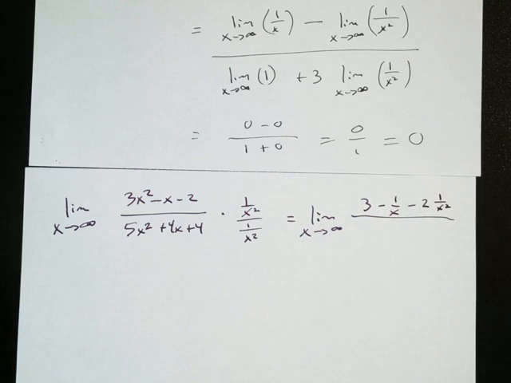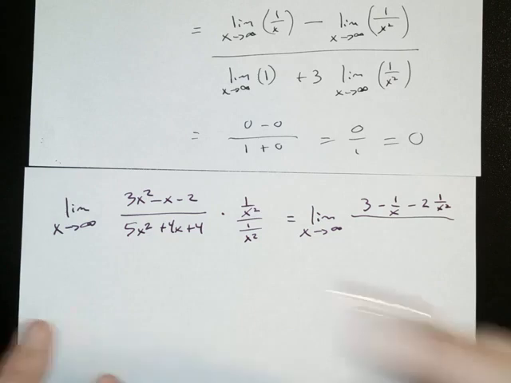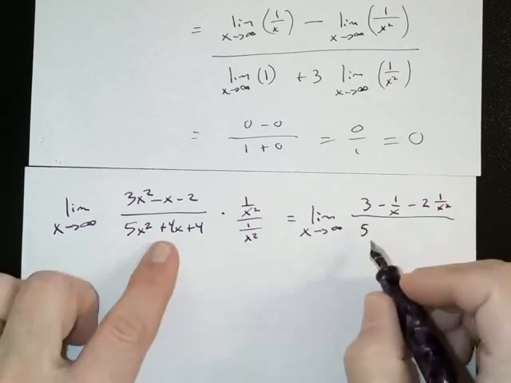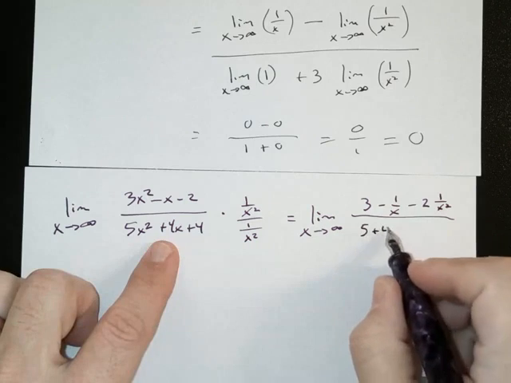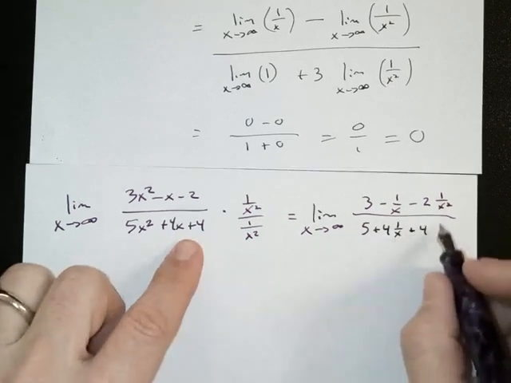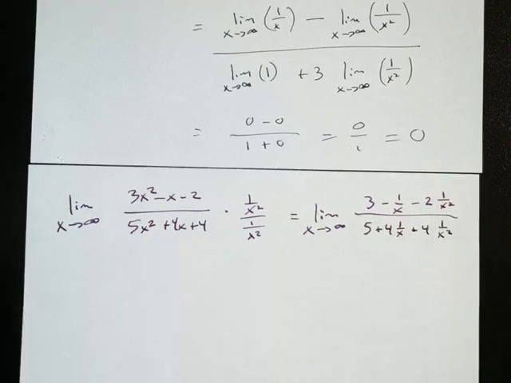That's not strictly necessary. I could leave it as 2 over x squared, but I only wrote my original rule up there for 1 over. Down here on the bottom, 5x squared over x squared gives me a 5, plus 4, 1 over x, plus 4, 1 over x squared.